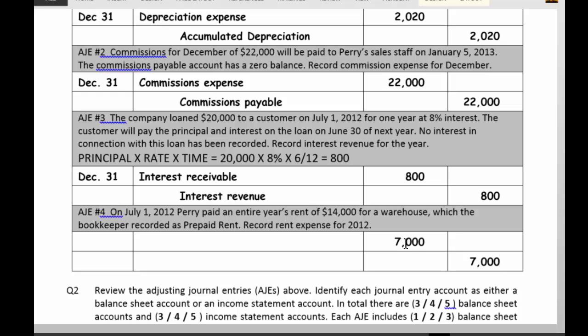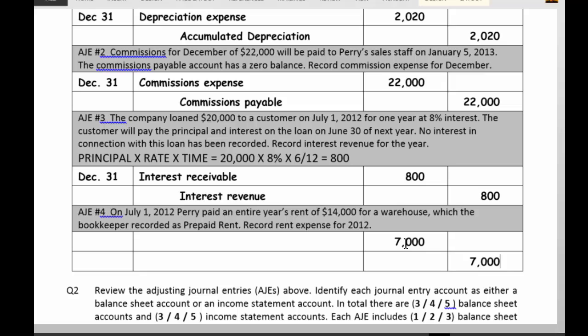What should be in prepaid rent at the end of the year on December 31st? How much? 7,000, because I used up half of it. So if I used up half of it, then the missing number must be $7,000. That's what I used up.